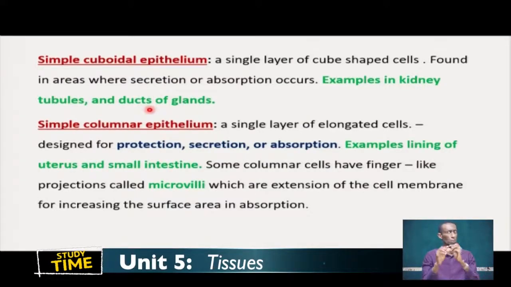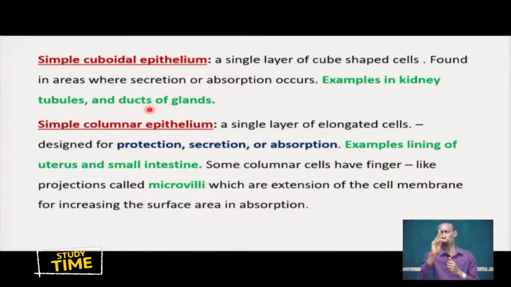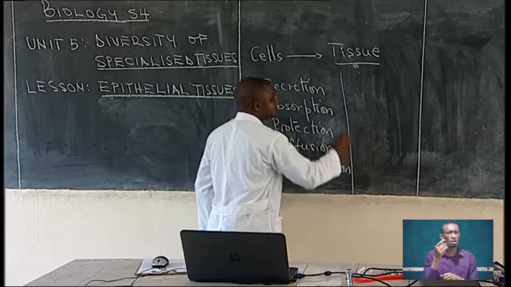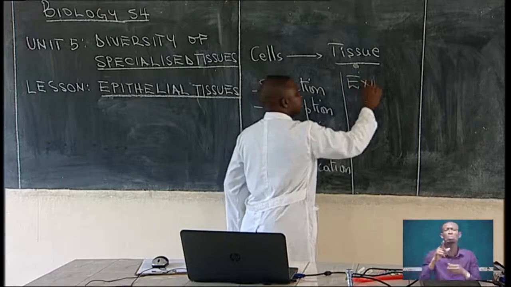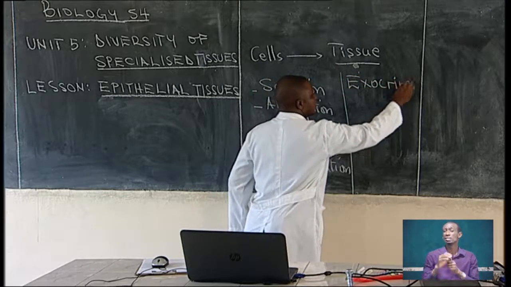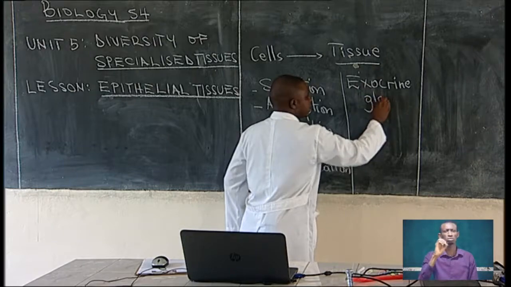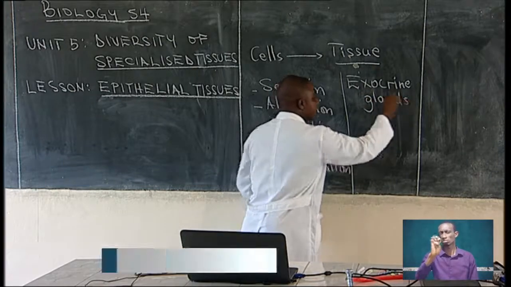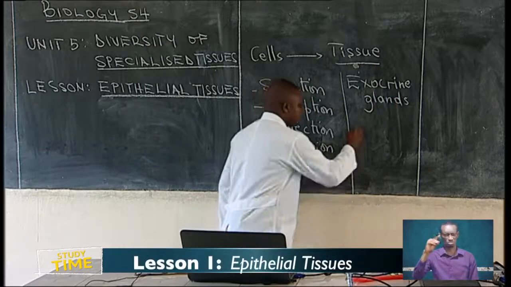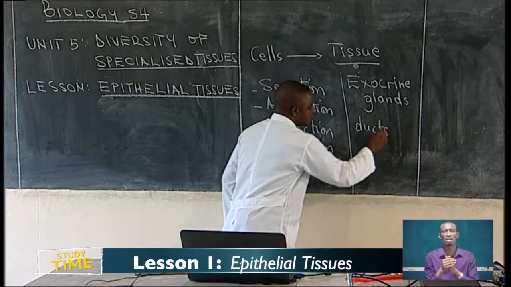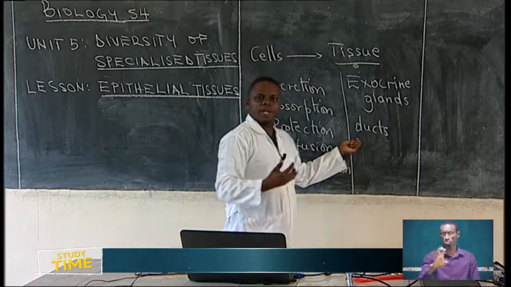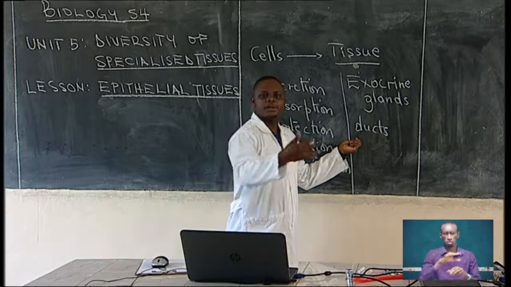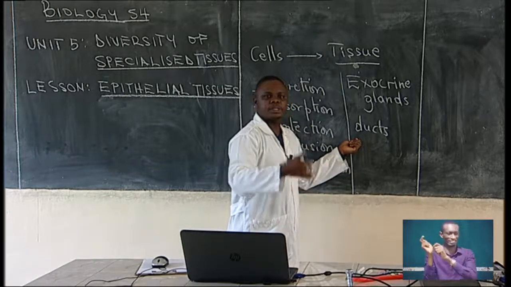These duct glands here, we can talk about exocrine glands. Students, do you know what exocrine glands mean? Exocrine glands. These are glands which have ducts. These are channels or pathways where secretions or substances produced pass.